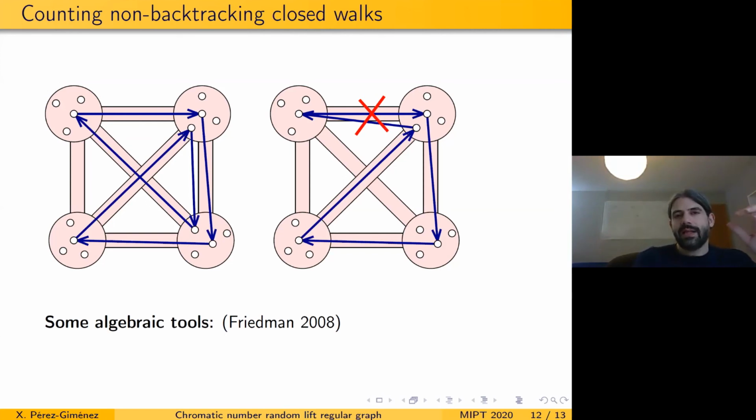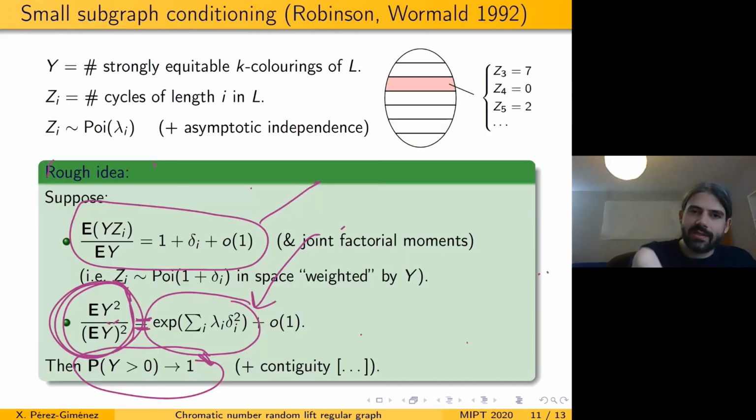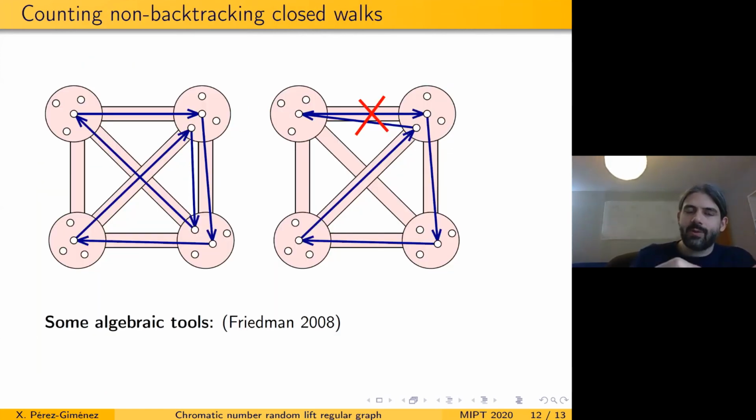So I just want to say that there's a close connection between cycles in my lift and non-backtracking closed walks in the base graph, and that something crucial to understand what these cycle counts are is to be able to count in my base graph how many closed non-backtracking walks I have of different lengths.